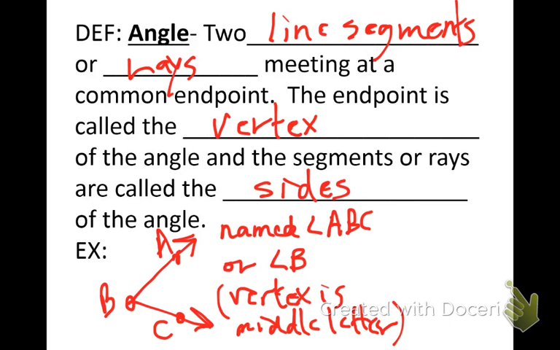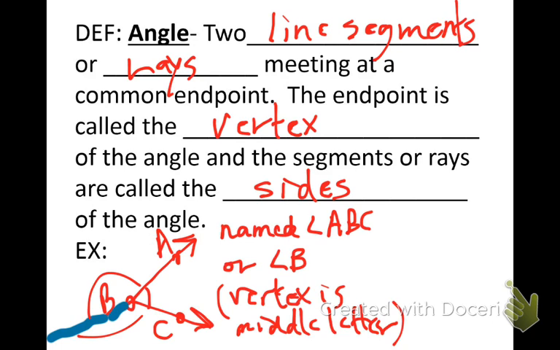An example of why you can't just name it by the vertex: if you have a picture like this, it's got this other line. Now I cannot call this angle B because there's 3 possibilities for angle B. We could say it's this angle, we could say it's this angle, or it's that angle.